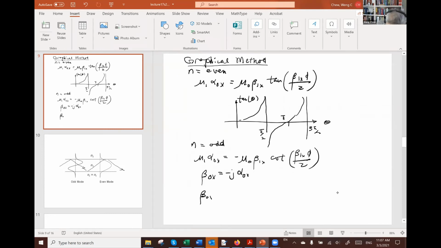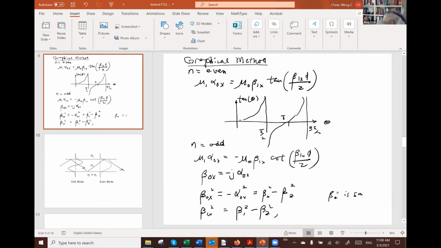So you know that beta 0x squared, by the dispersion relationship in region 0, would be equal to beta 0 squared minus beta z squared. Okay, and then you know that in region 1, you will have this to be true. And beta 0 is the same in every region due to phase matching.